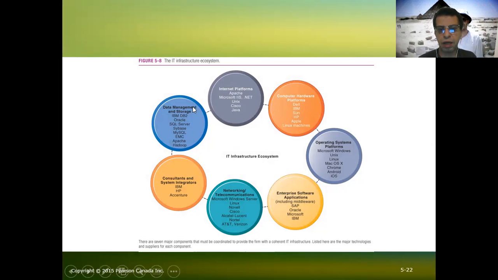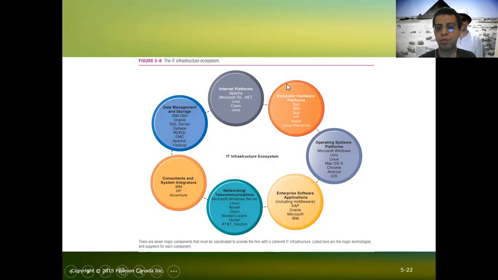Let's start from data management and storage, and these are types that you have heard about, like IBM DB2, Oracle, SQL, MySQL, Sybase, EMC, Apache, and Hadoop. And then you have the internet platform, which is Apache, made of Microsoft .NET, Unix, Cisco, and Java.